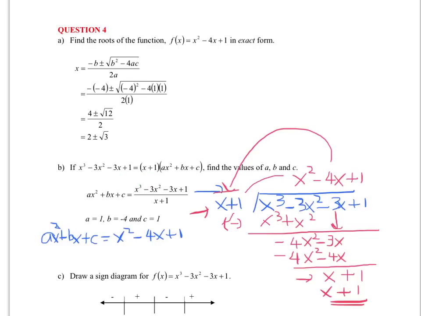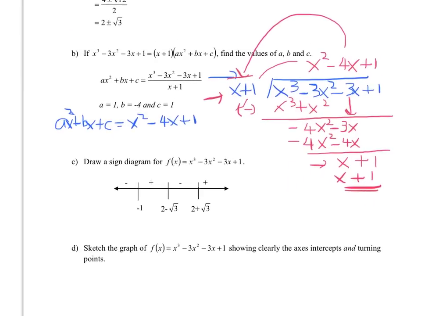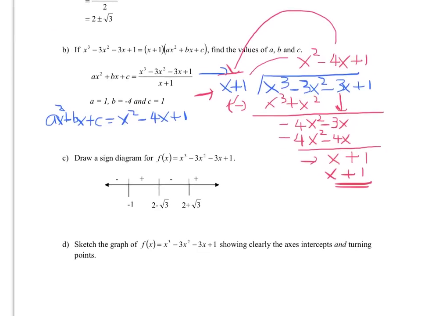And so when you compare this, the outcome of this is really what you got in part A. In other words, the solution to the roots of this cubic expression is 2 plus minus square root of 3, and another answer is the solution of x plus 1, which is negative 1.